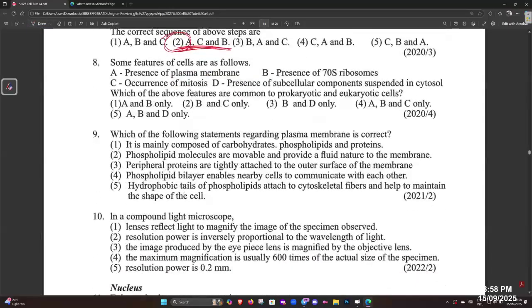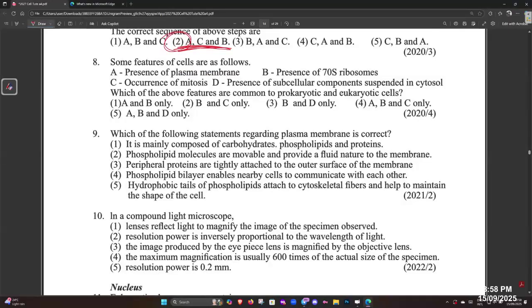Right, people? Question number 8 is yours. Some features of cells are as follows: presence of plasma membrane, presence of 70S ribosomes, occurrence of mitosis, presence of subcellular components suspended in cytosol. Which of the above features are common to prokaryotic and eukaryotic cells?